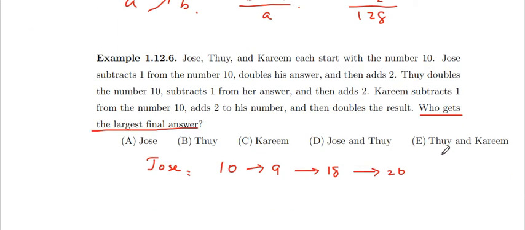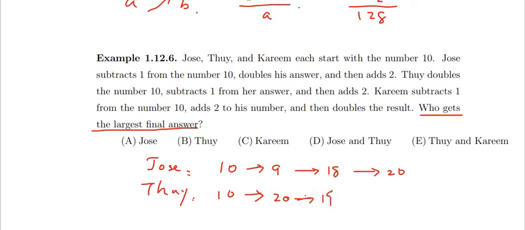This guy starts from 10, then doubles the number 10, becomes 20. Minus 1 becomes 19, right?